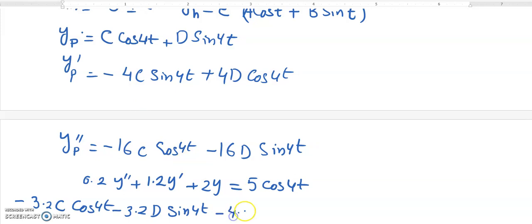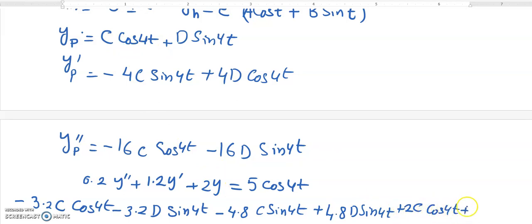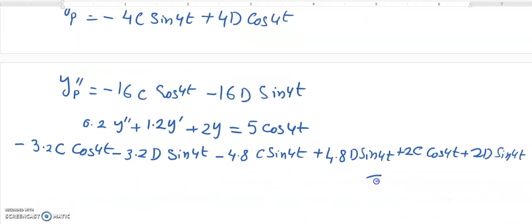So it will be minus 4.8c sine of 4t, and this one also plus 4.8d cosine of 4t, and plus 2y. 2y is this, plus 2c cosine of 4t and plus 2d sine of 4t, and that will be equal to 5 cosine of 4t.